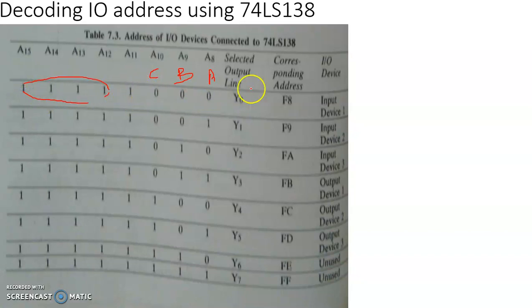So F8 happens to be a port address. Input device 1 will then be selected for communication. And corresponding to 0, 0, 1, the corresponding address will be F and 8 plus 1, 9. Input device 2 will be selected. This is how an input or output device will be selected to make a communication with the processor via address decoder 74LS138. So this is about this module.